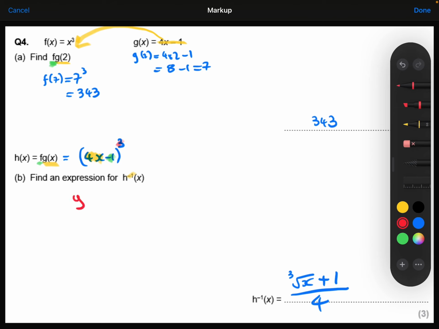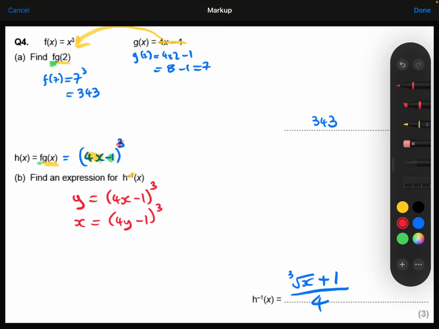Alternatively, let me just write this out again. I can remember that the inverse function swaps the x and the y around. And now I'm going to make y the subject.